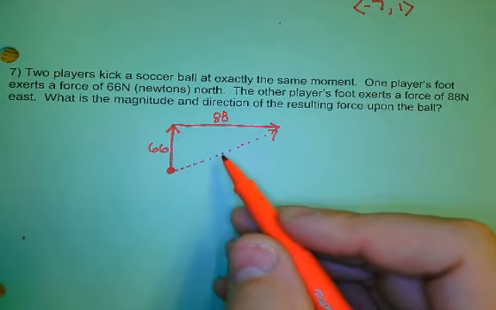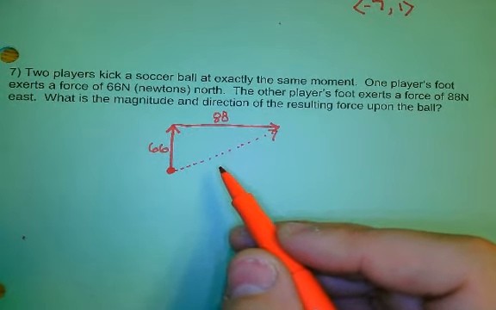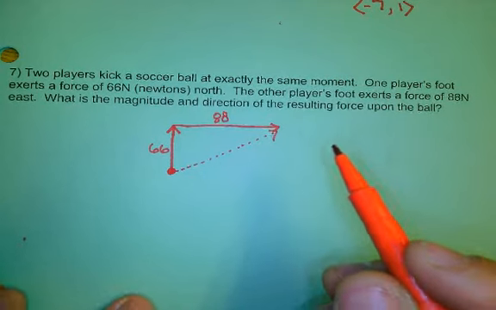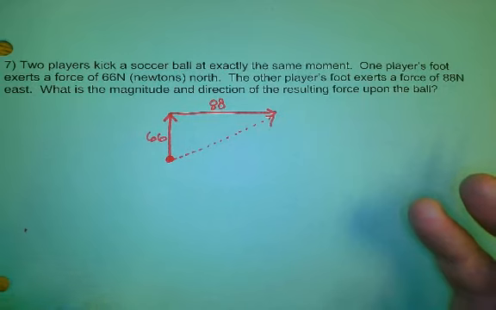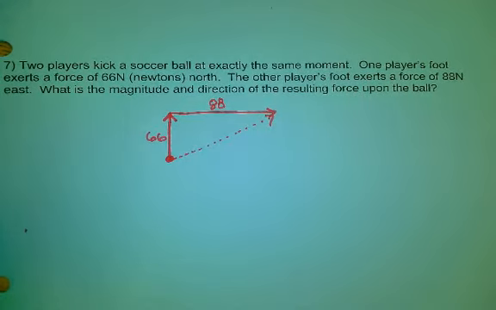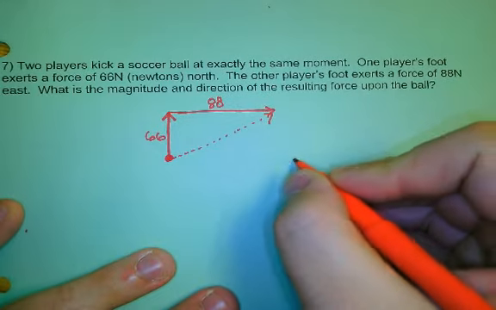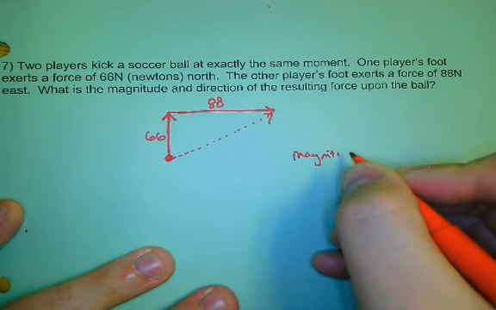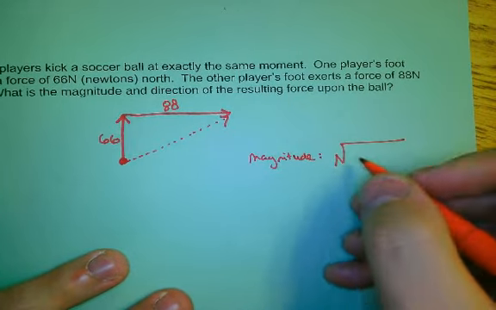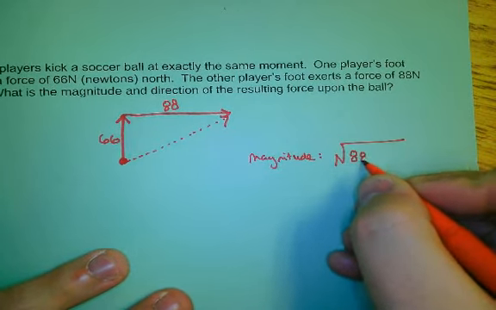I mean, this is the vector 88, 66, technically, right? But it's not asking for the vector, just the magnitude, which is the distance. So how do we find the distance of that? Magnitude is going to be the square root of 88 squared plus 66 squared.